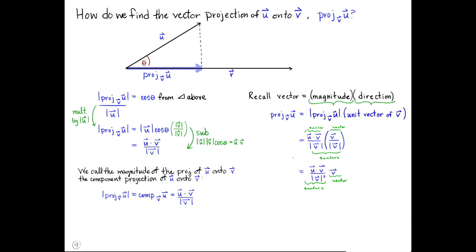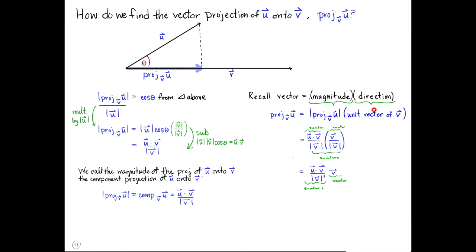We need this because we use the magnitude of this vector to find a formula for the projection of u onto v. Remember that our vectors have both magnitude and direction. Well, the magnitude is what we just found: u dot v over the magnitude of v. And the direction of the projection vector will always lie along v, so the unit vector of v gives us the direction.